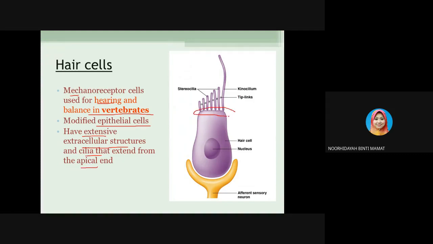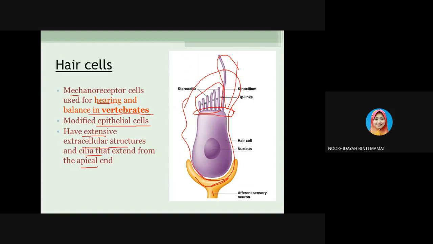They have stereocilia here, and also one kinocilium. Joining the stereocilia and the kinocilium, they have a thick link. So these are the hair cells.